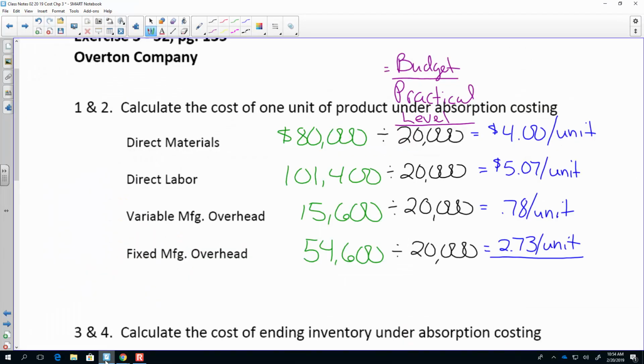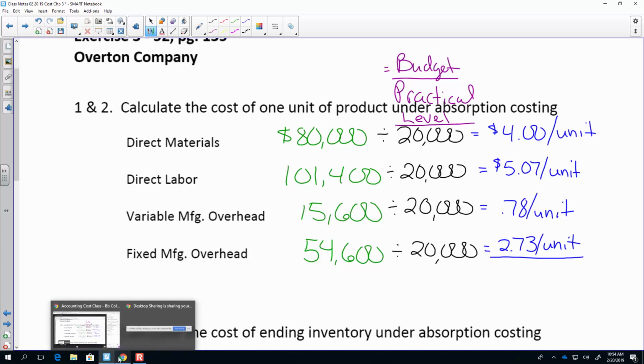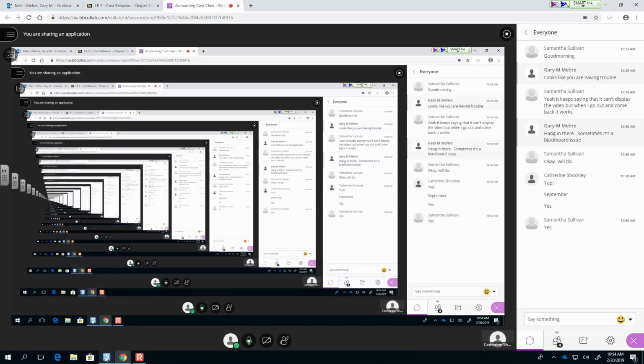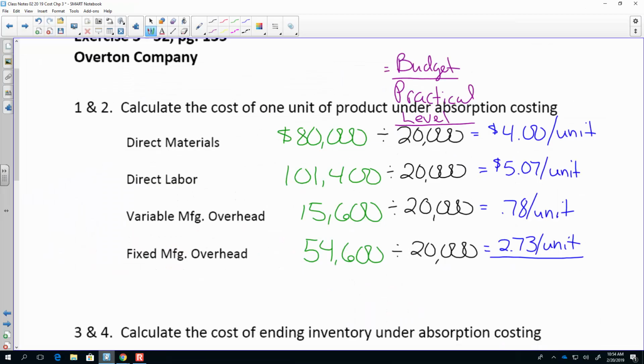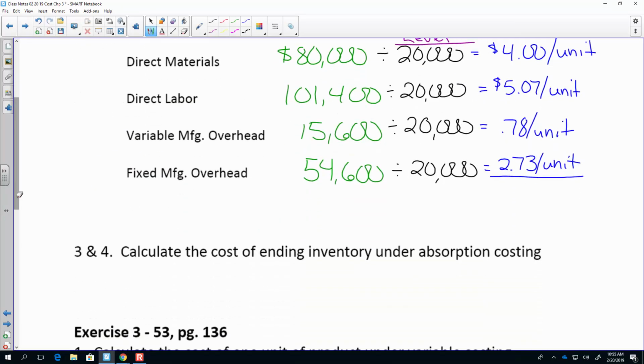Hope not. If we add these four, Catherine, do you have the amount? 12.58, awesome, thank you. Yay, Sam, good job. Thank you for helping. Excellent. 12.58 per unit.